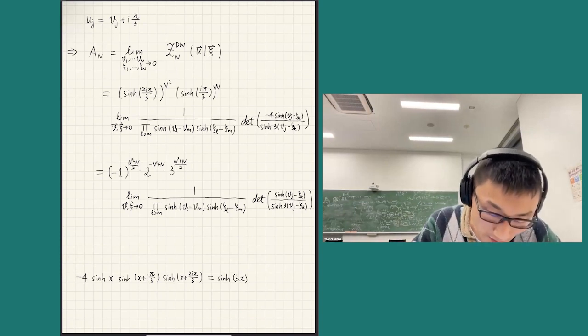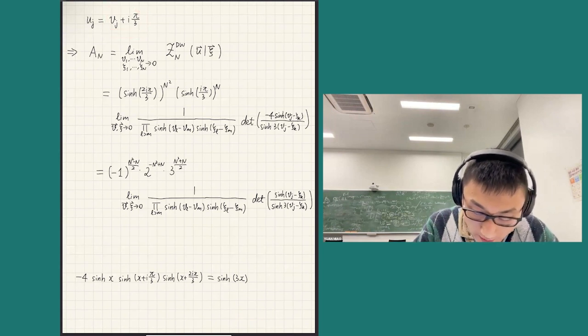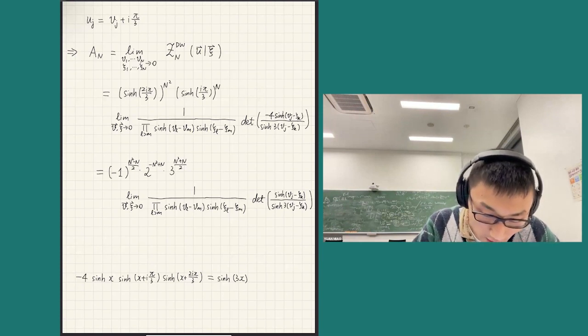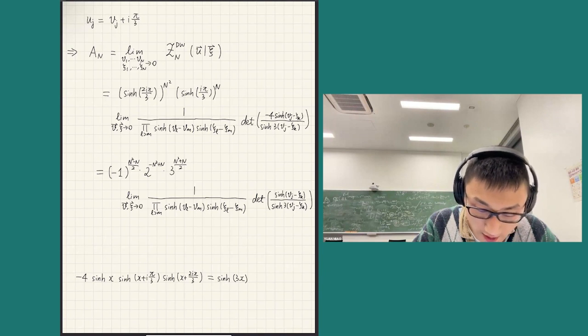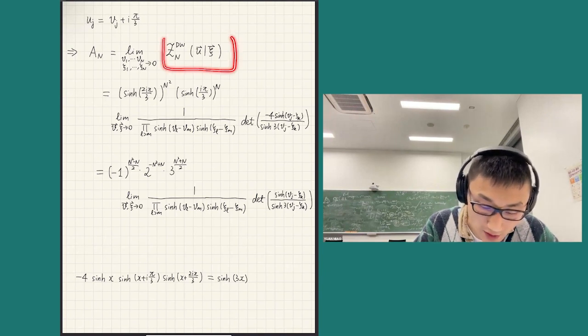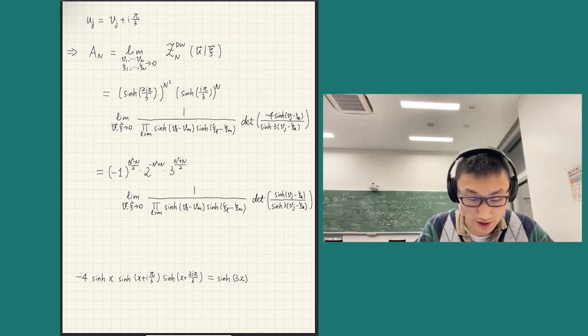So we can, for example, define u_j as v_j plus i pi over 3. And then what we do is we just need to send all the v_1 to v_n and xi_1 to xi_n to 0 in this partition function.